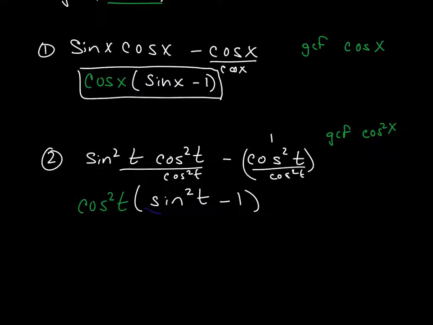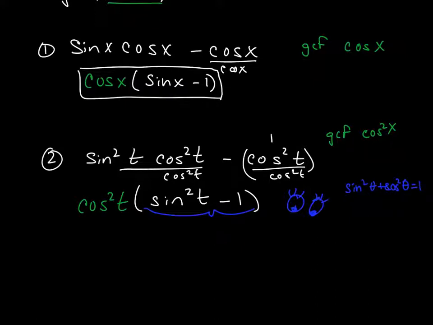Now, with this, we got to be really careful. What do we see here? Always keep an eye out for these. This is one of those Pythagorean identities. So sine squared minus 1 is equal to, all right, the identity is that you have the sine squared of theta plus the cosine squared of theta is equal to 1.